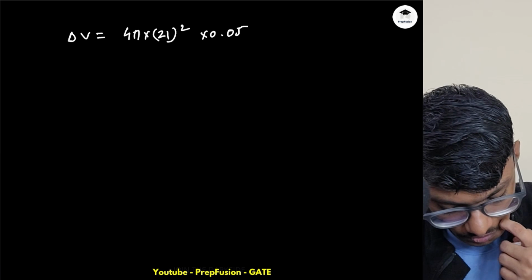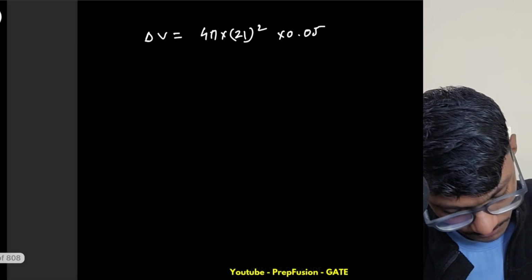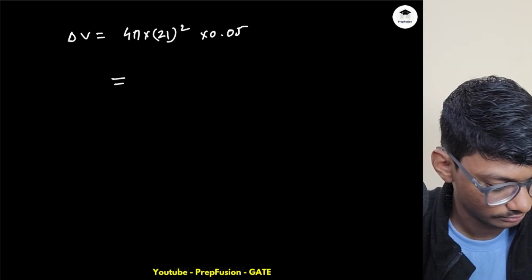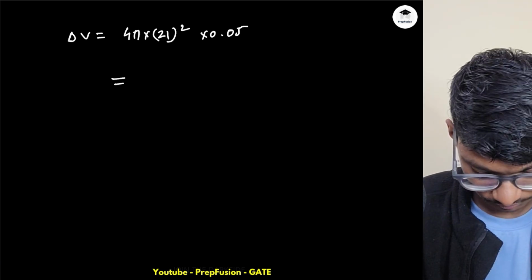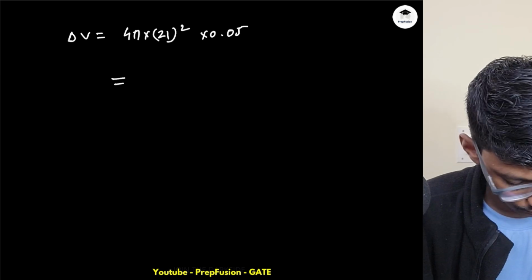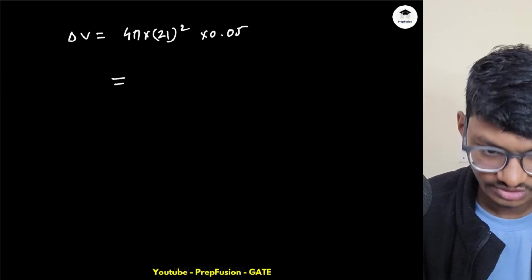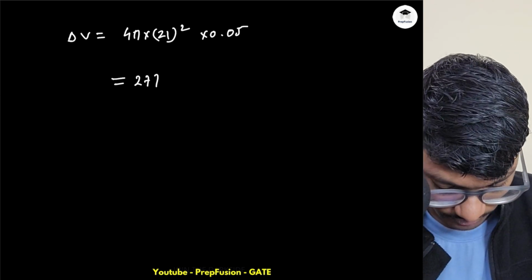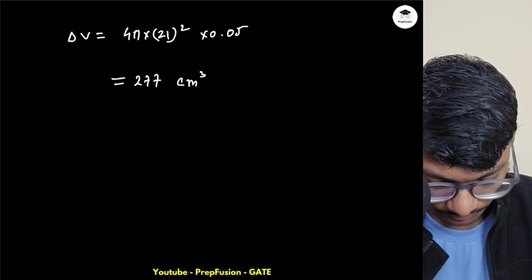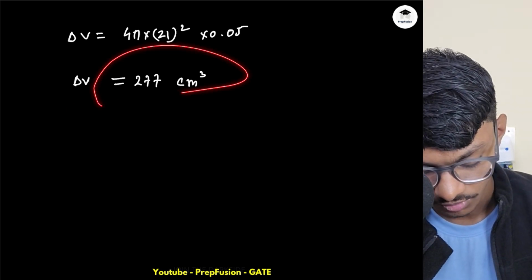So if I compute this, what will I get? Let me compute this actually. 21 square into 4 into pi into 0.05. Yeah, 277 I'm getting. So this is 277. Now don't forget the units. This is cubic centimeter, because this is the actual deviation in volume, and this will be the maximum deviation in volume. It can't go above that.